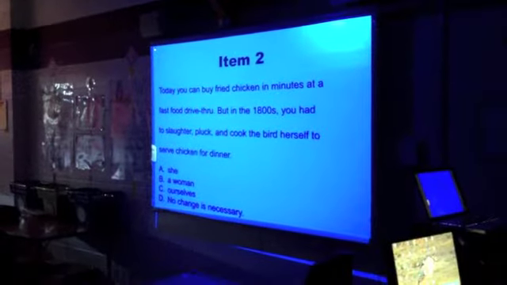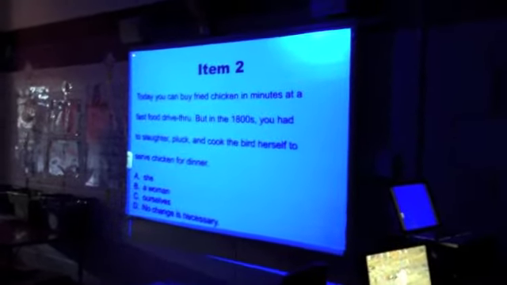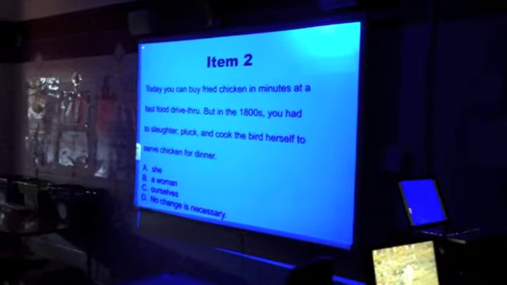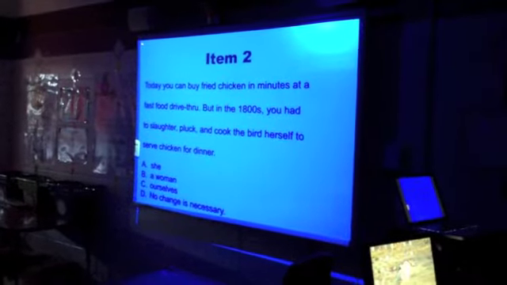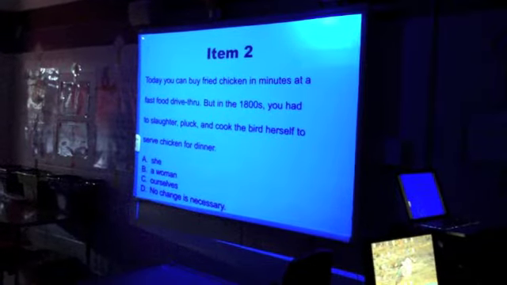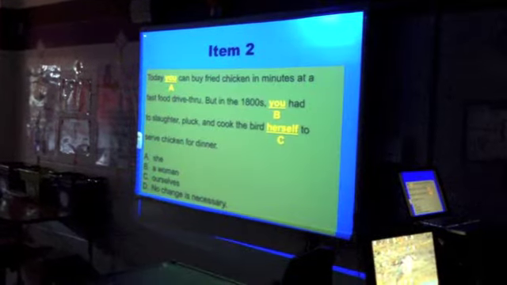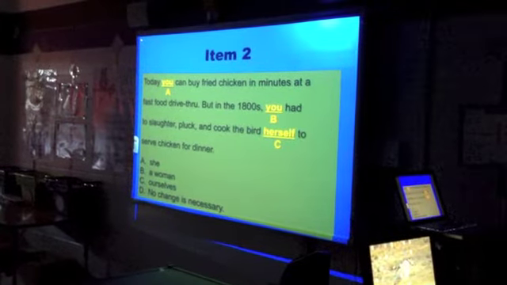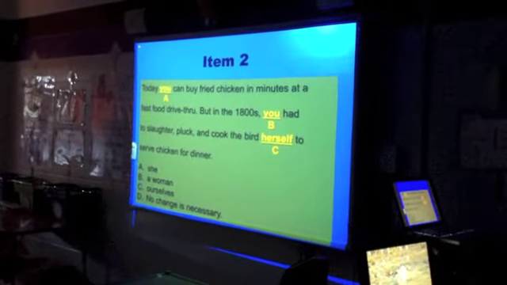Item 2. You can buy fried chicken in minutes at a fast food drive-thru, but in the 1800s, you had to slaughter, pluck, and cook the bird herself to serve chicken for dinner. Okay? I'm looking at you. On your paper, you know what happened?